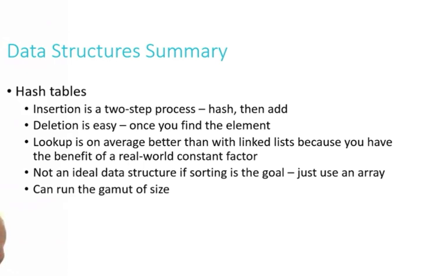You have n linked lists instead of one linked list of size n. And so this real-world constant factor, which we generally don't talk about in time complexity, does actually make a difference here. So lookup is still linear search if you're using chaining, but the length of the list you're searching through is very, very short by comparison.